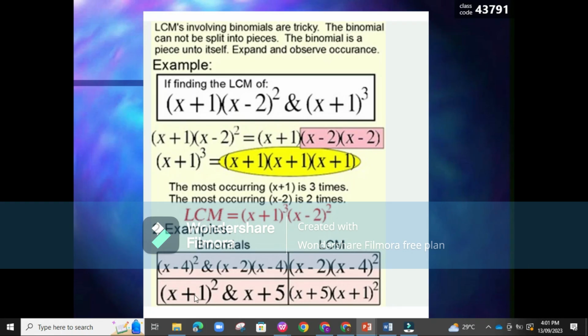Next, x plus 1 raised to the power of 2 and x plus 5. So we have here the non-common factor x plus 5. Since there are no common factors at all, you just write it all. So x plus 5 times the quantity of x plus 1 raised to the power of 2.